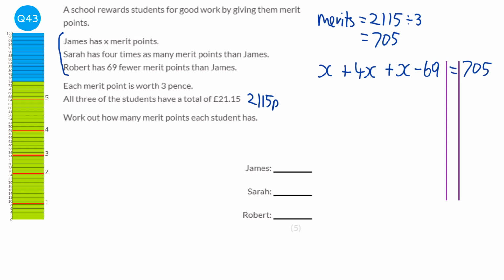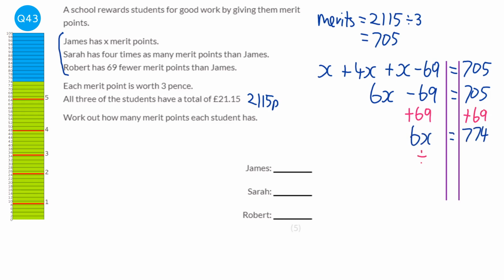This feels like a solving coming on. So we've got x plus 4x plus x, which is 6x, minus 69 equals 705. We're going to add 69 to both sides. So we've got 6x equals 774. Then we're going to divide by 6 both sides.